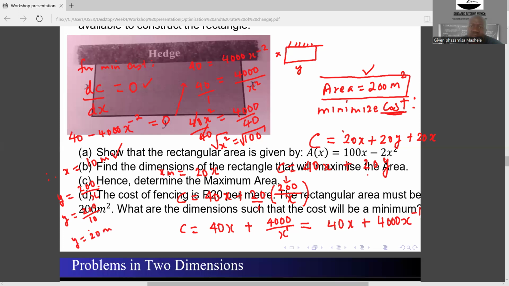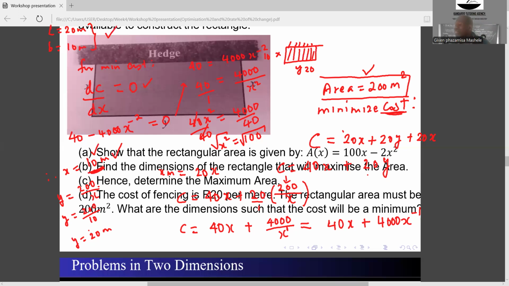So if this is 10 meters, then this one should be 20. 10 times 20 gives us 200. So to minimize the cost, the fence should have a breadth of 10 meters and a length of 20 meters.